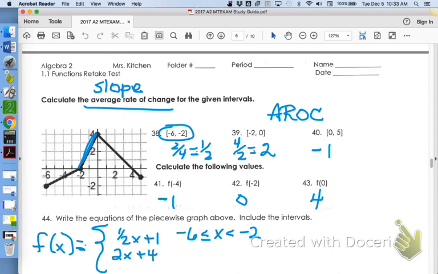The y-intercept here is at 4. And the interval, again, you're reading the x-axis, begins at -2. -2 takes ownership of it and ends at 0.